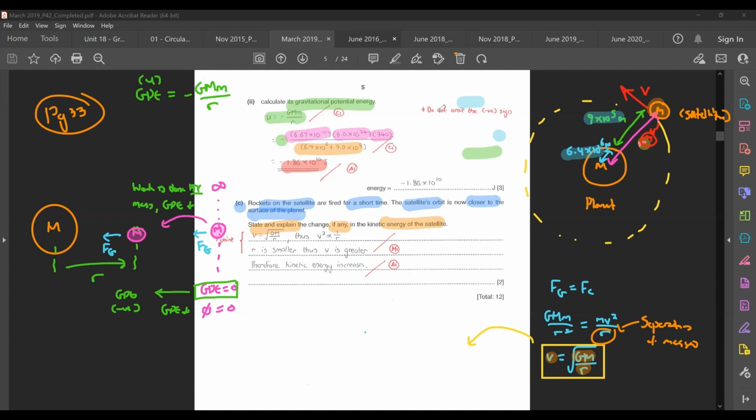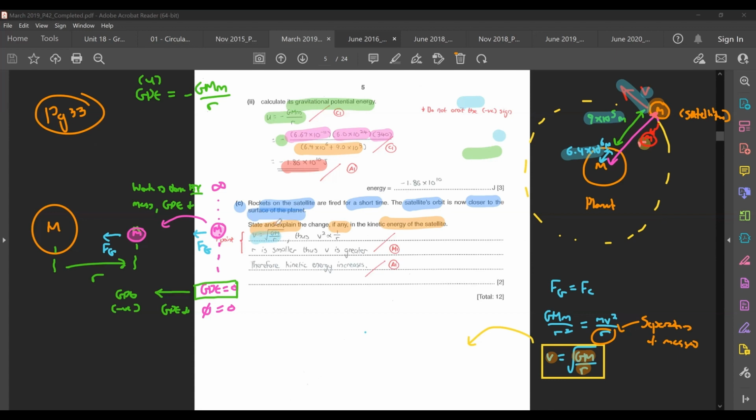So if you want to explain the change in kinetic energy of the satellite, you can make use of the equation v equals square root of GM over R, because this is talking about the linear speed of your satellite, which then gives you your KE.